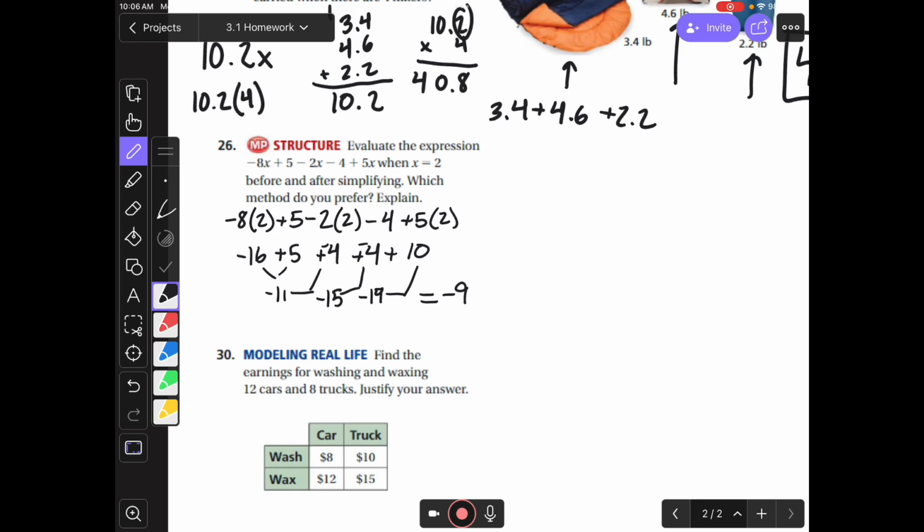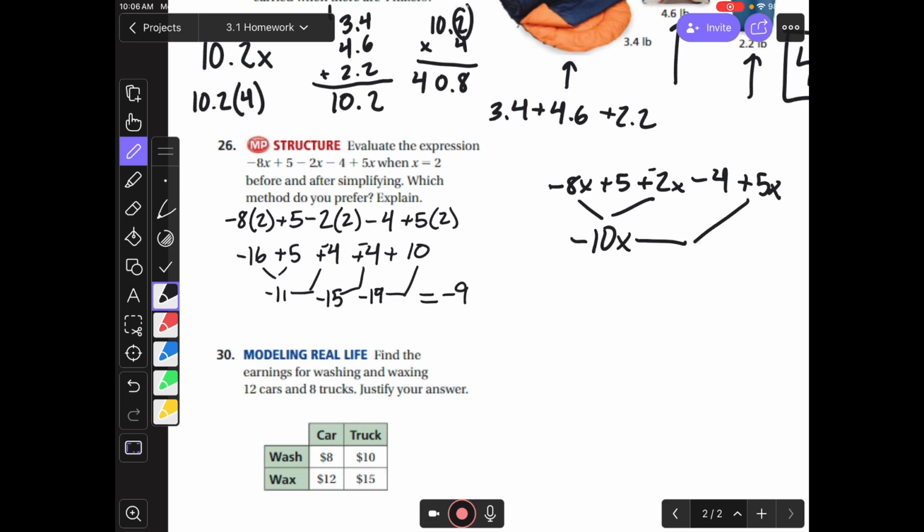If we simplify it first, I'm going to rewrite what I have. Negative 8x plus 5 minus 2x minus 4 plus 5x. Combining like terms here, negative 8x minus 2x, or plus negative 2x, is negative 10x.